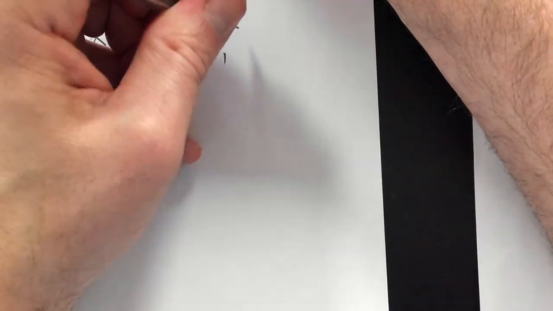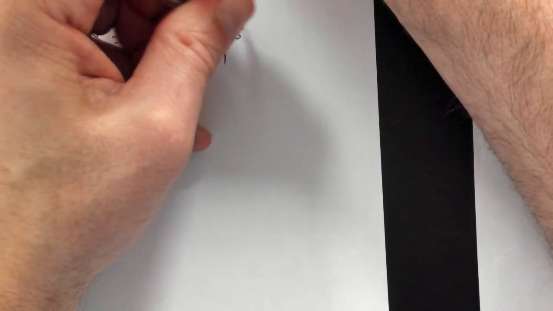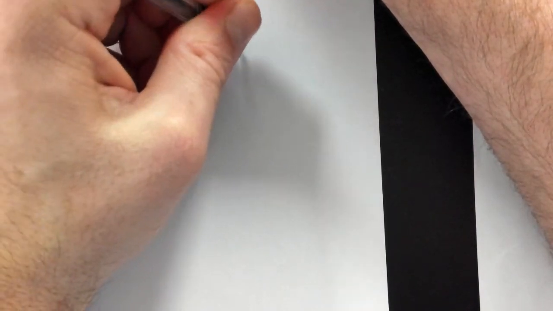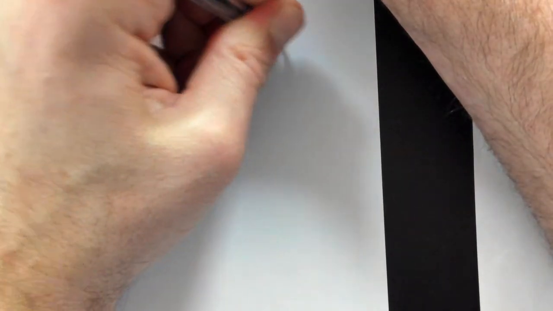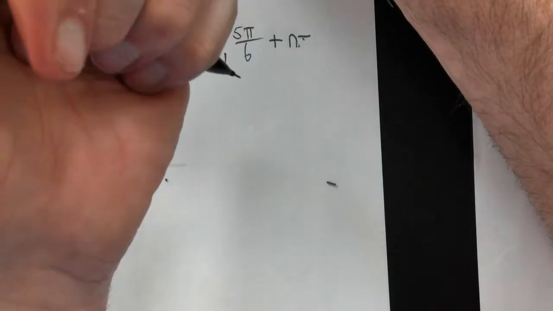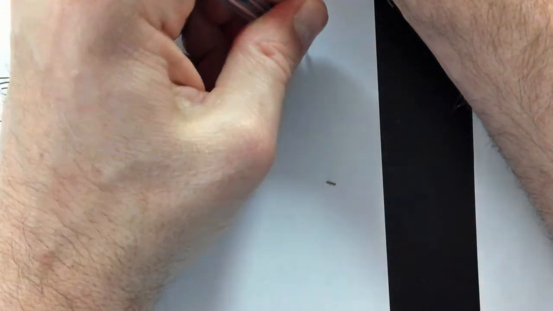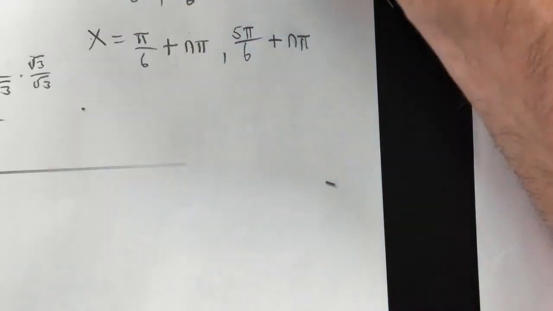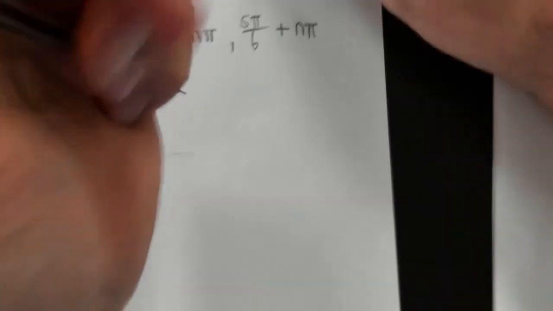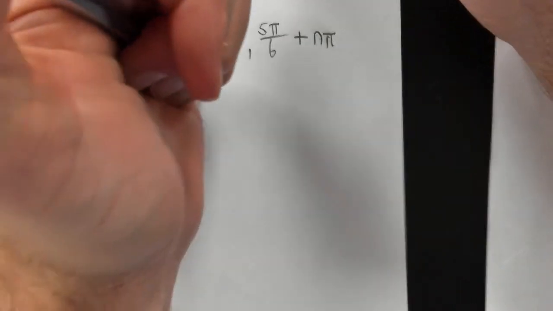And so the other general solution would be 5 pi over 6 plus n pi. All right? And so that is going to be your general solution.